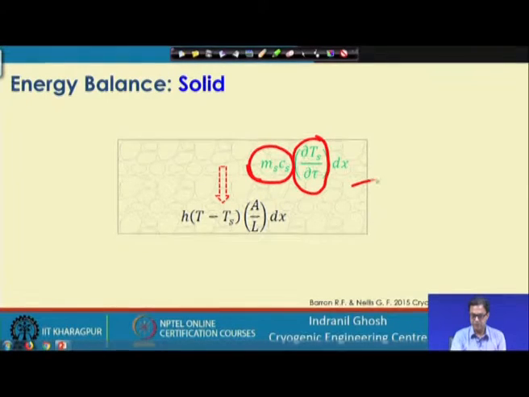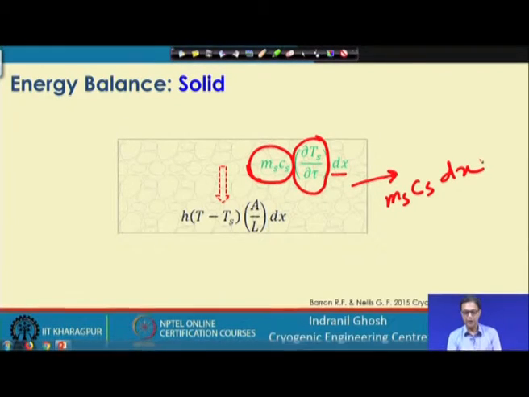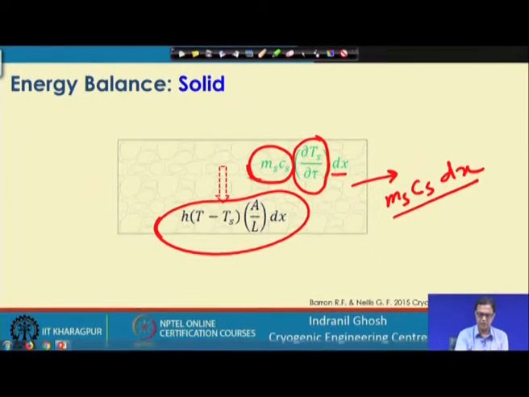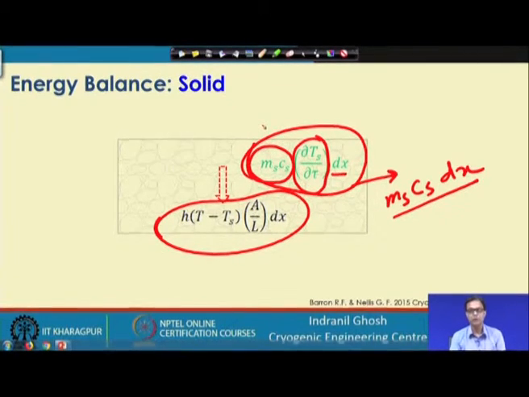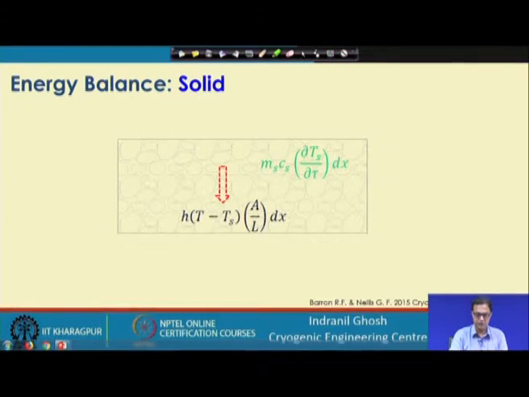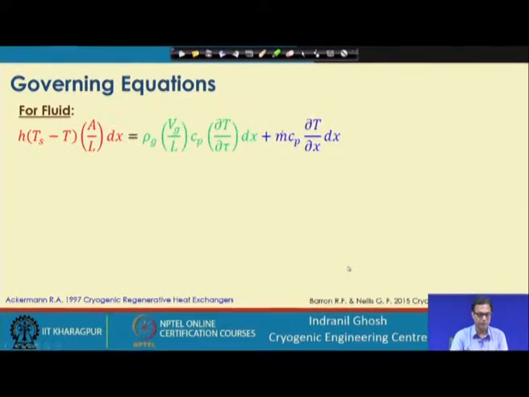So, if the mass of this element is ms and Cs is the specific heat, with dx the elementary length associated with it, then we can equate it with this term and this term, and we can find the energy balance equation for the solid. And in that case, if we write both the equations, we find the governing equation for the fluid stream. If we rearrange them together, we find something like this.